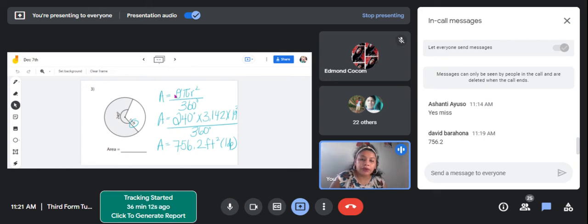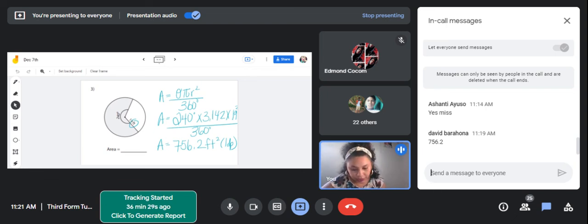Tomorrow we're going to be doing area of a segment, building on that, and Thursday we're going to be doing length of an arc. So by Thursday we should be able to cover all of the formulas needed for this week.